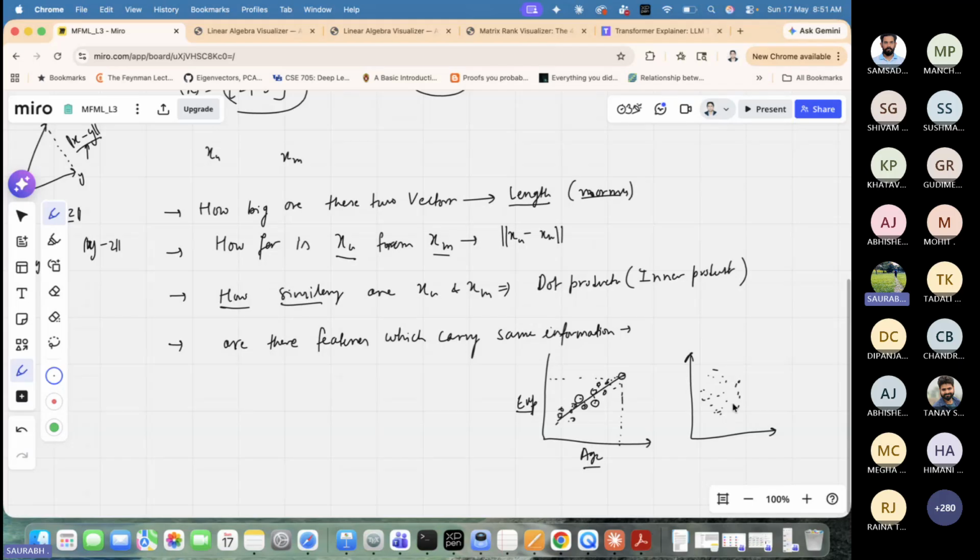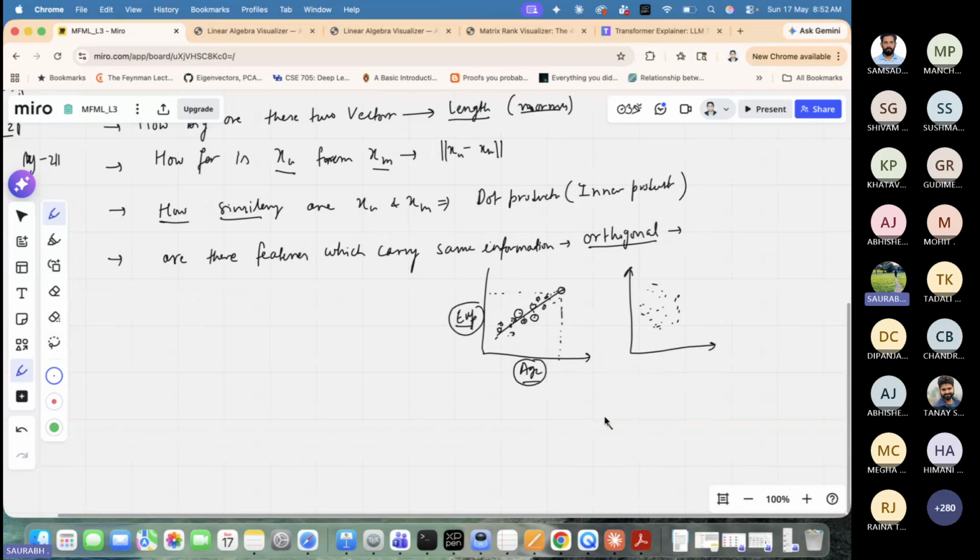So the fourth question that you see here is, are the features carrying the same information? This is answered using something called orthogonal. If the dimensions are orthogonal, let's say experience is orthogonal to age, it would just be like this, perpendicular vectors.